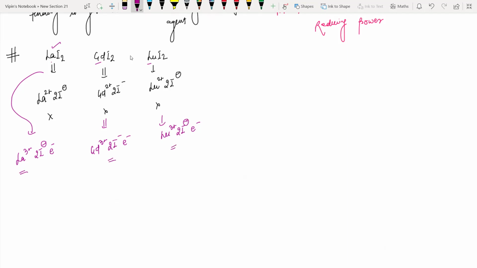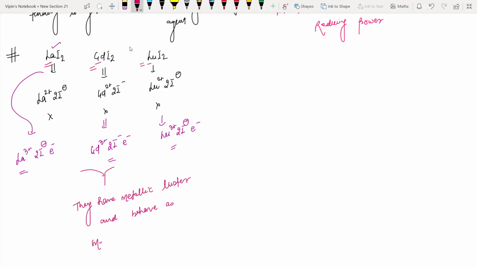Since all these compounds have free electrons, right? And as we know, free electrons are found in metals. Therefore, these compounds have metallic luster, right? So they have free electrons, and also they are metallic conductors. So these compounds of lanthanides are metallic conductors.